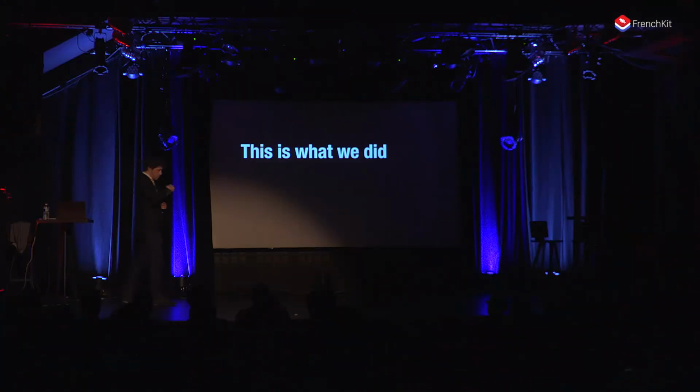We have an array of trees which actually share most of the objects. This is what we did. It works really well. We were able to get rid of so many custom NSUndo invocation hacks.